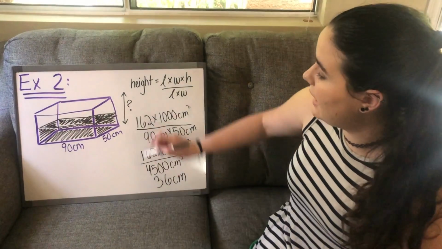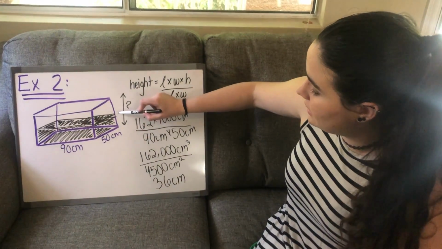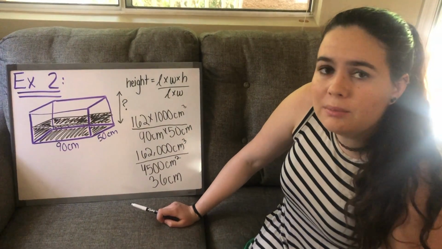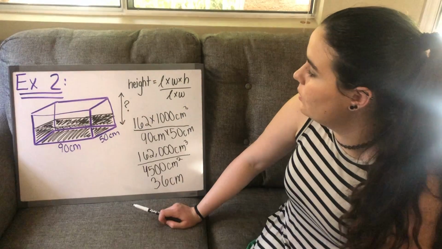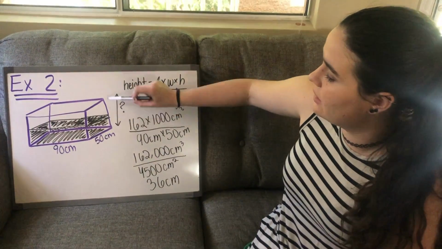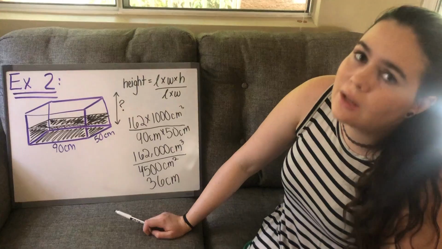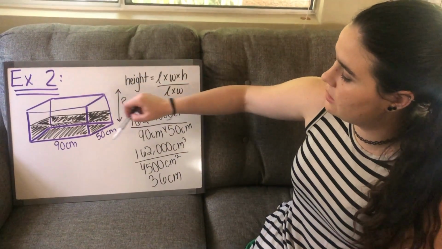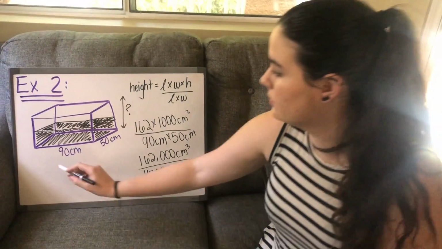So now we know that the height of our liquid is 36 centimeters. But remember, the problem wants to know what the height of the entire container is. So we're not quite finished yet. We know that the container is 2/3 full.